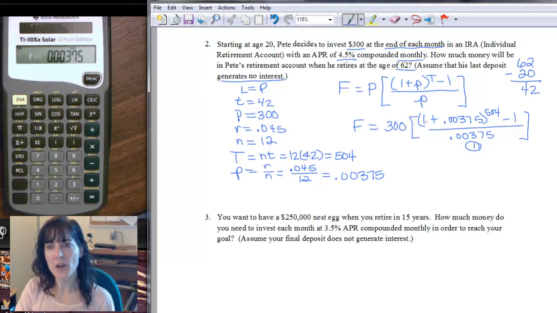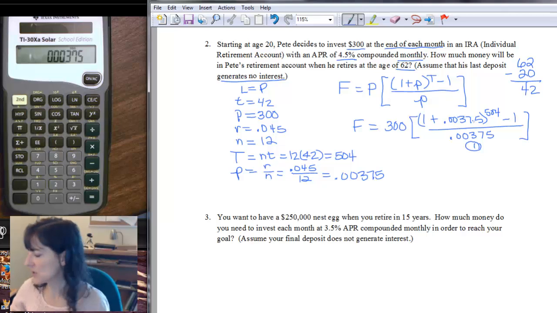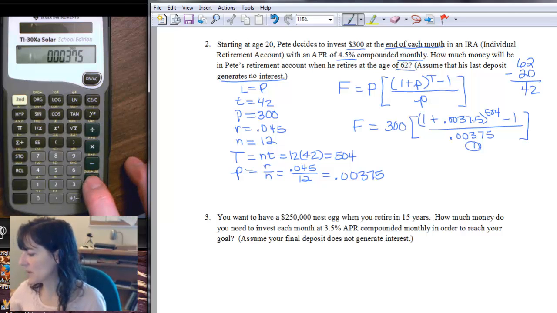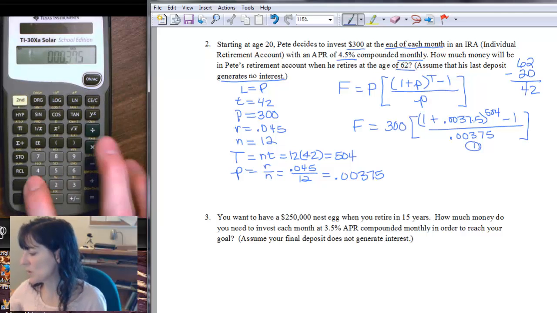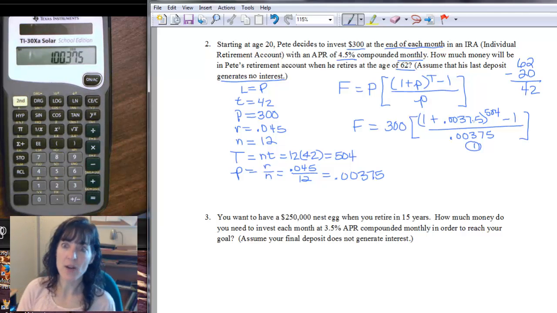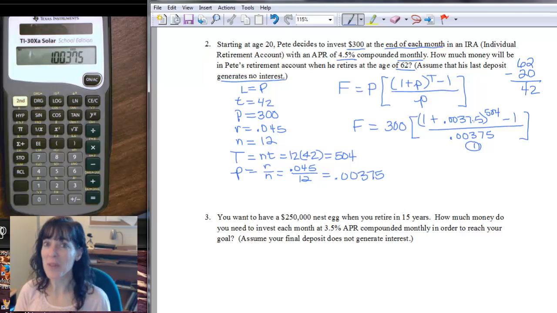So I can use that when I go to divide later. So I have 1 plus that 0.00375, so the 0.00375 is sitting on my calculator, so I'll just do plus 1 equals, and now I have 1.00375, that's perfect.